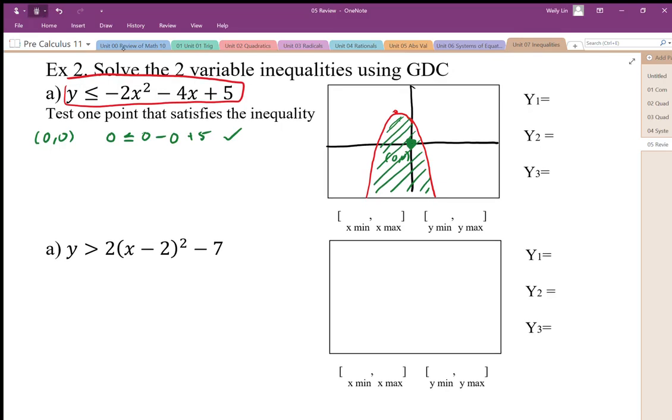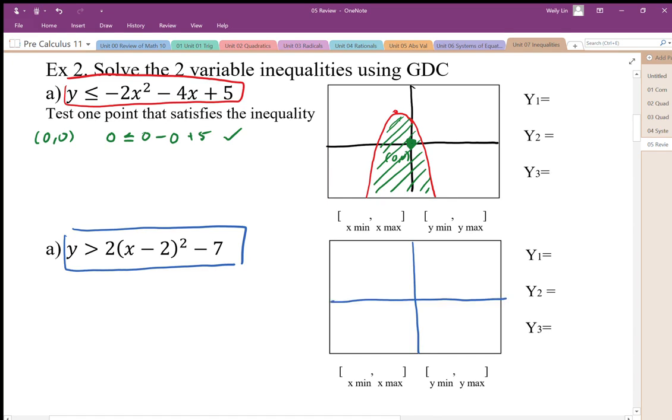For this one here, we're going to graph this. Our graph is a right side up parabola. Change that axis to a different color. So the vertex is going to be at 2, -7.